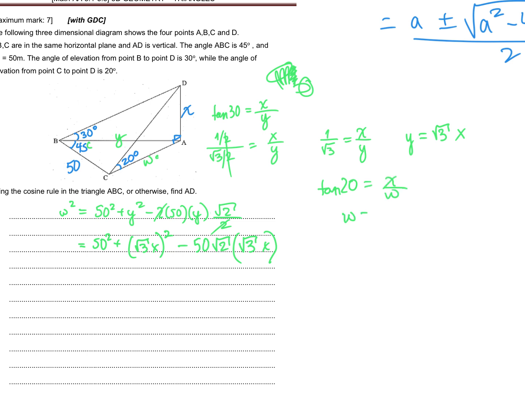So w is x over tangent 20, and that's going to go here, and that's squared, okay? And then this can go straight into end solve. And you should get that x, that height there, is 13.6 meters.